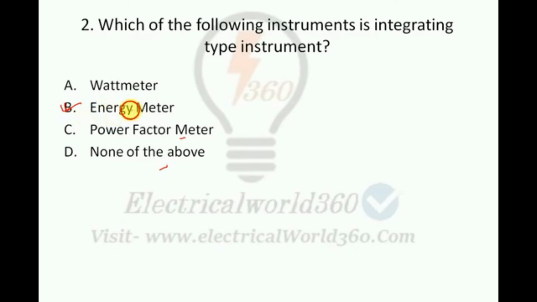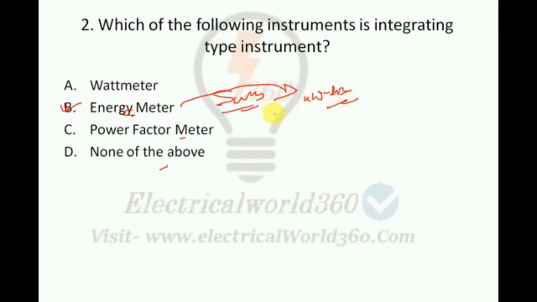Integrate means the sum, okay, addition, that sums it over a period of time. And energy meter reads the kilowatt hour reading and integrates it for a period of time.